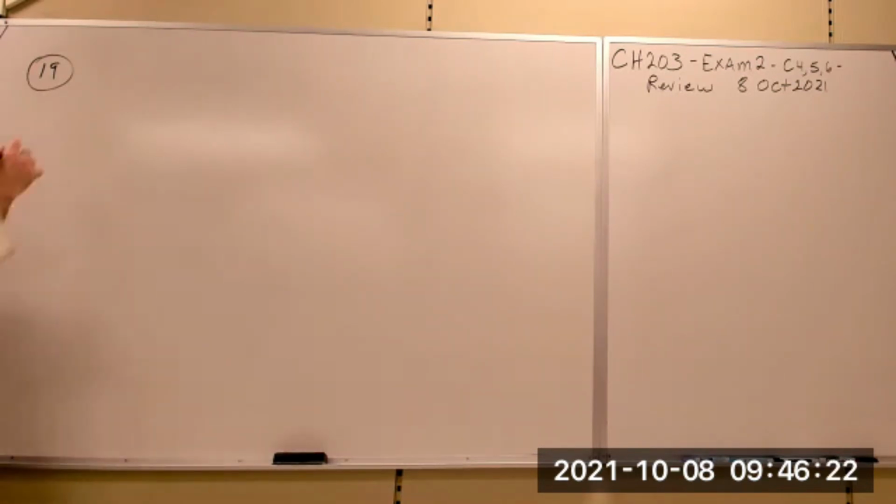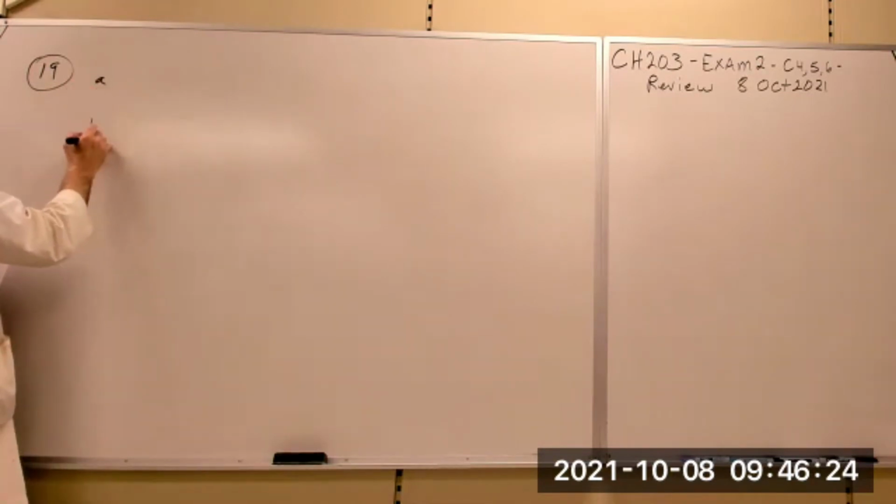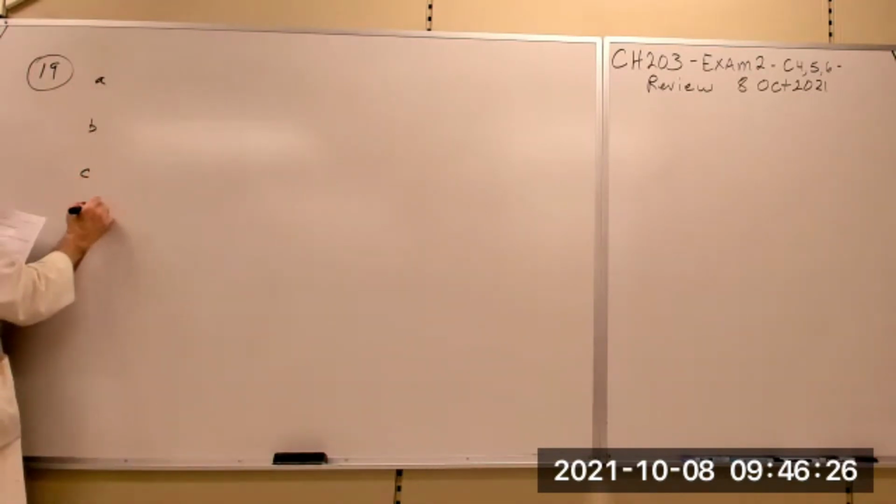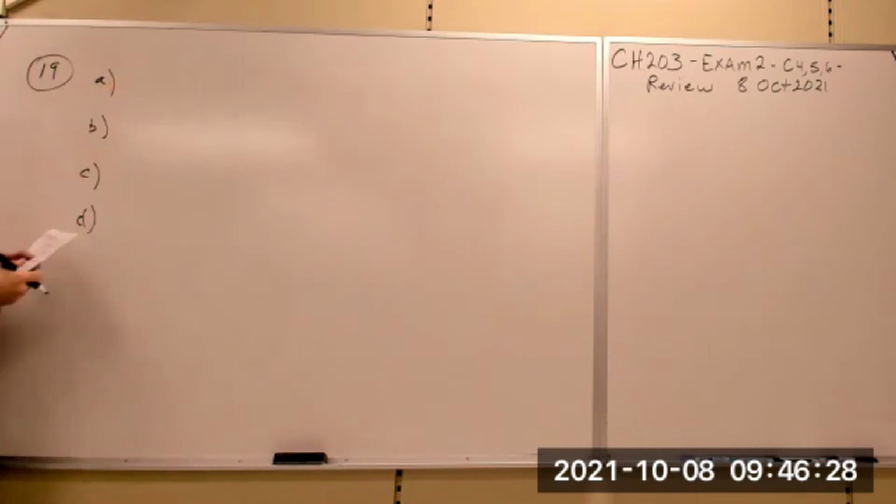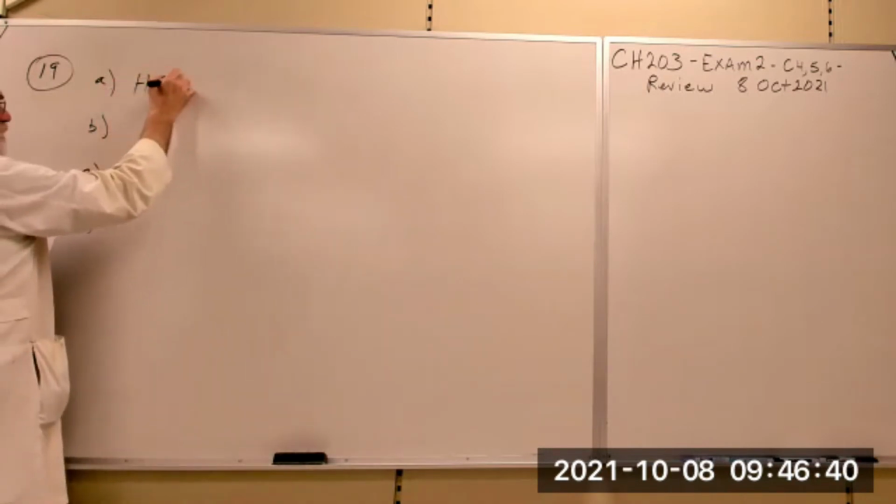Which of the following, A, B, C, D, would have 10 electron dots in its structure, both bonding and non-bonding? Okay, so we count all of them. So here are our choices.